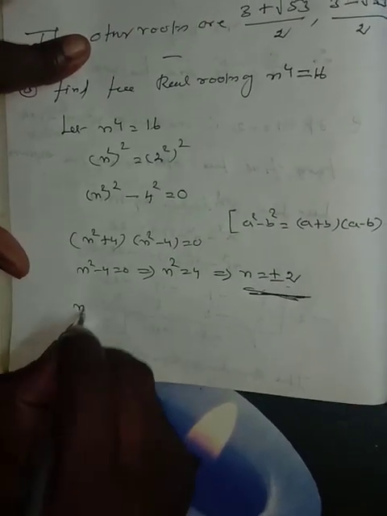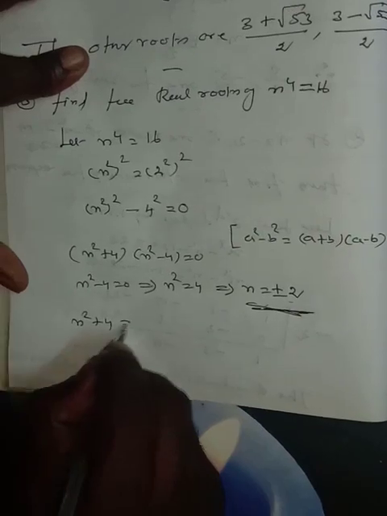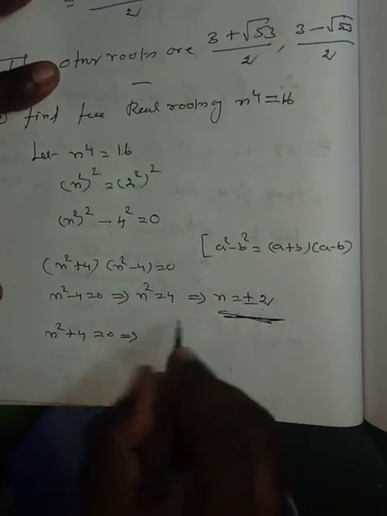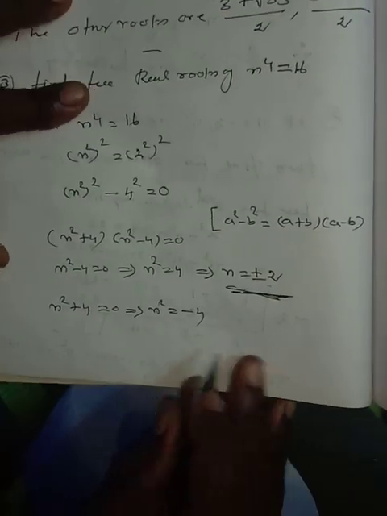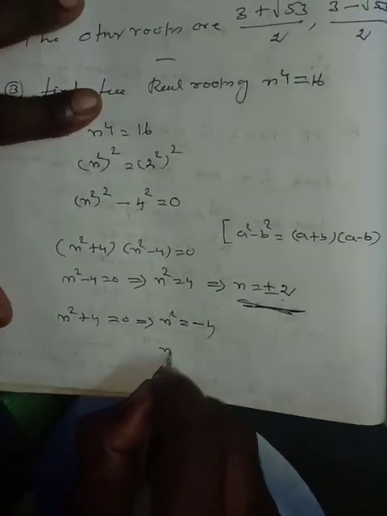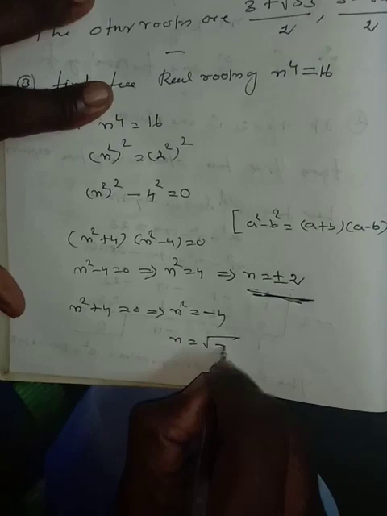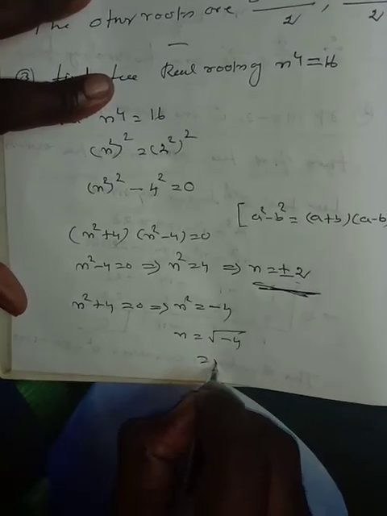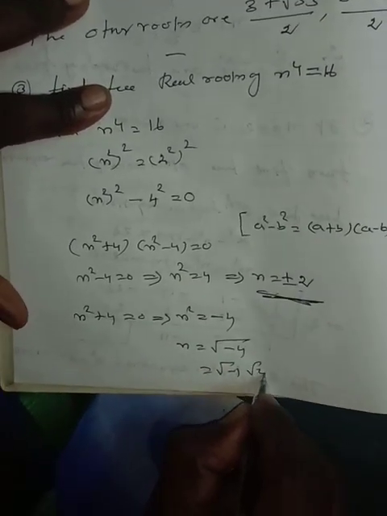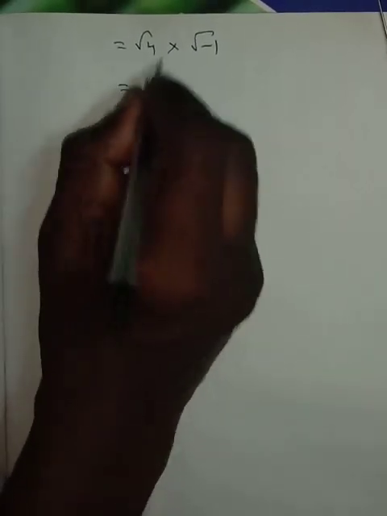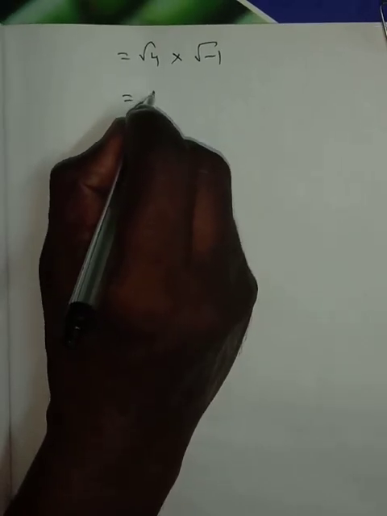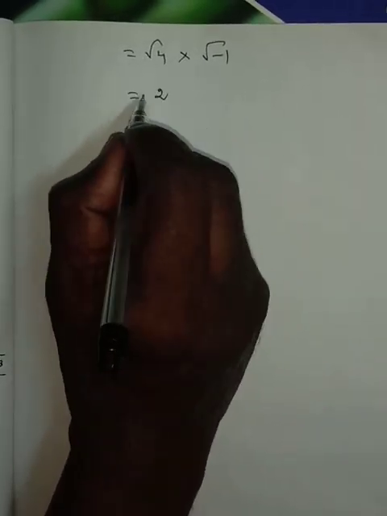Next, x square plus 4 is equal to 0 implies x square is equal to minus 4. Take root on both sides. We have x is equal to square root of minus 4. This can be written as root of minus 1 into root 4, and root 4 is plus or minus 2.